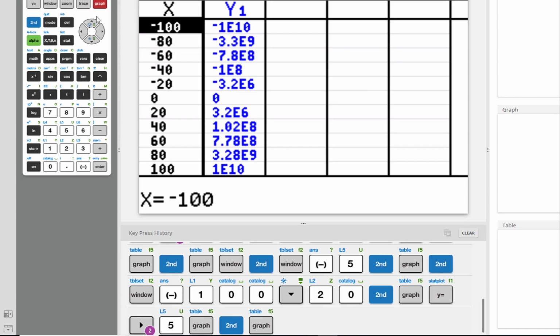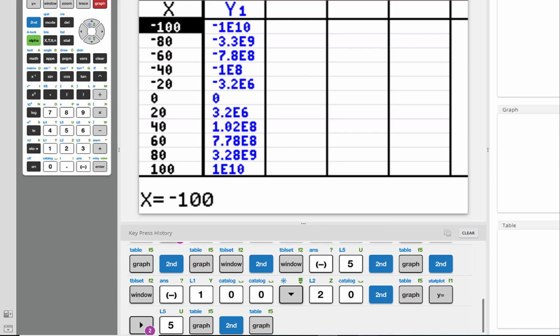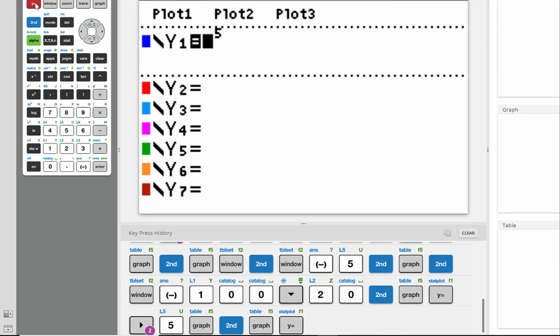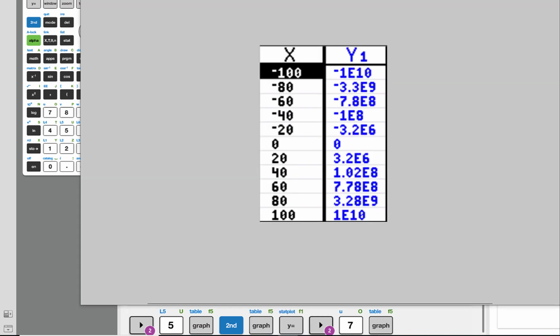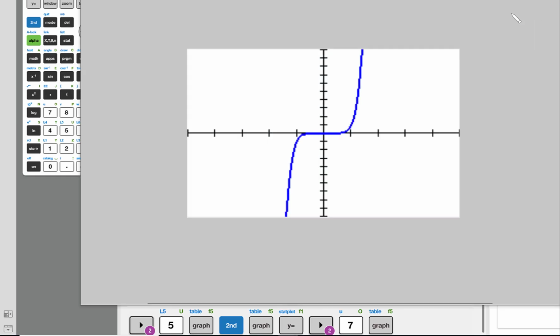And our last one. This is f of x equals x to the 7th power. So I'm going to go to the y equals and change this x to the 5th to x to the 7th. And let's do the graph. As we do the graph, look at how it flattens out more as it gets closer to the origin. Let's copy and paste this to our notes.